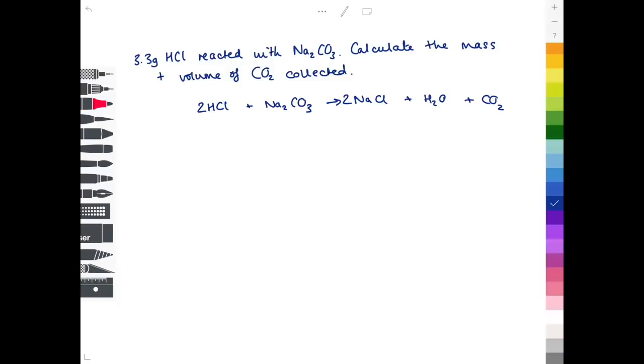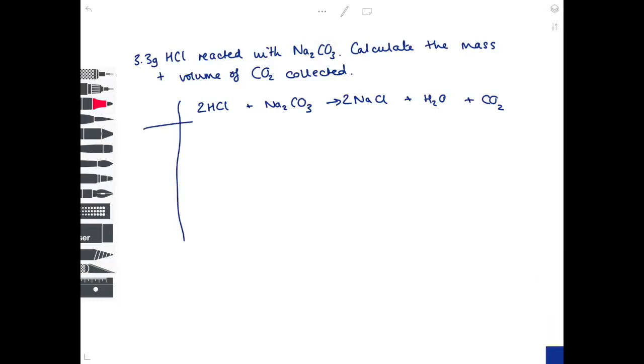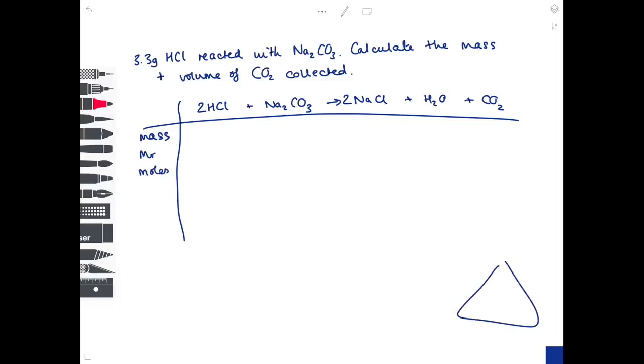And now we need to use the table format in order to help us answer the rest of the question. So mass, mR, and moles. And don't forget to use your formula triangle down here, which is mass, mR, moles. And this is how I always set myself up to make sure I'm going to get the question right. So what have we been given in the question?